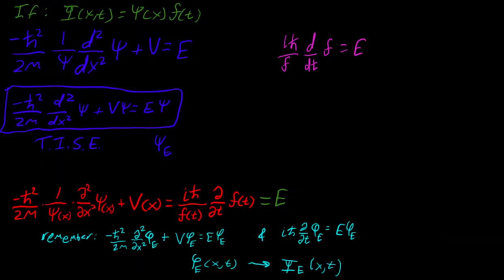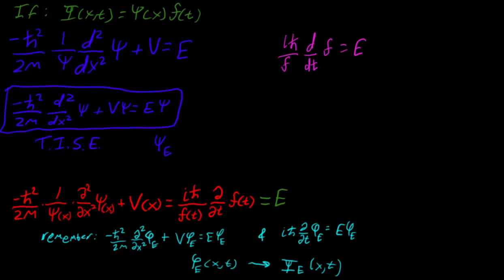And so that is, in fact, our energy eigenfunction in x. And it actually looks like this equation will be our energy eigenvalue equation in just time, if you look at this one.